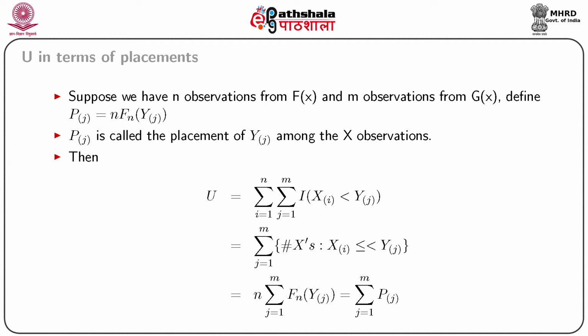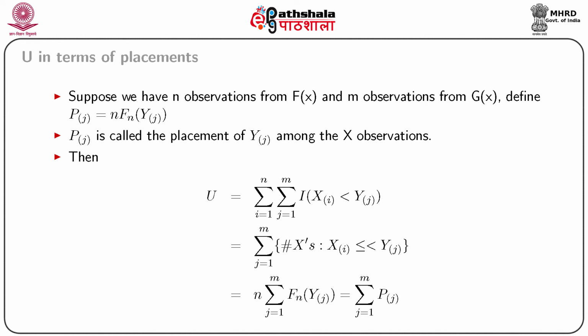Next, we shall see how U can be expressed in terms of the placements. Suppose we have n IID observations from f(x) and m IID observations from g(x). Then define Pj equal to n Fn(y ordered j), where Fn is nothing but the empirical cumulative distribution function based on the x observations. That is, n Fn(y ordered j) is nothing but the number of x's less than or equal to y ordered j.